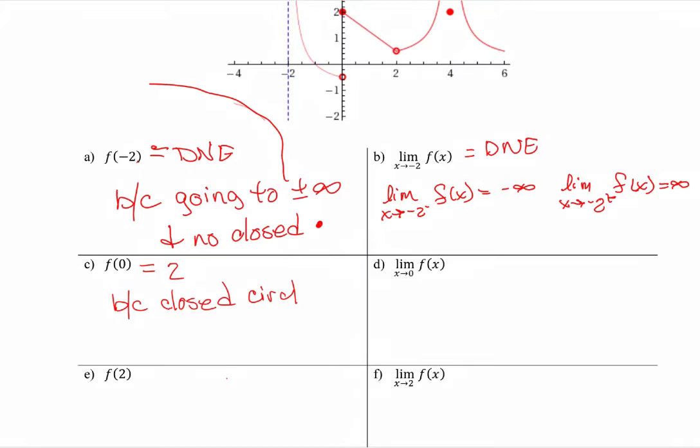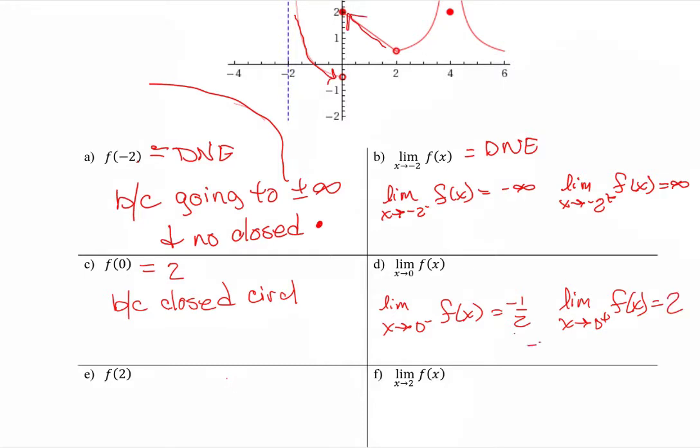Now the limit as x goes to 0 from the left of f of x: I'm coming down here and going to -1/2. The limit as x goes to 0 from the right of f of x is going up to 2. So since -1/2 does not equal 2, this limit does not exist.